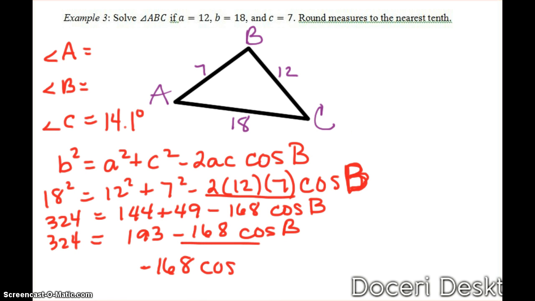So that's my current equation. I need to get cosine of B by itself, so I'm going to divide both sides by negative 168.